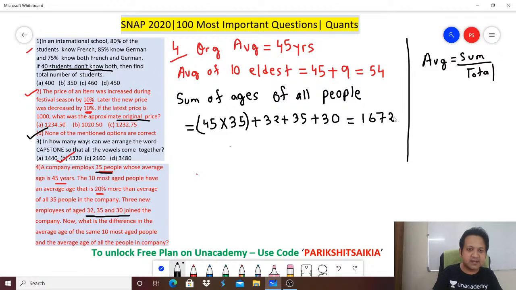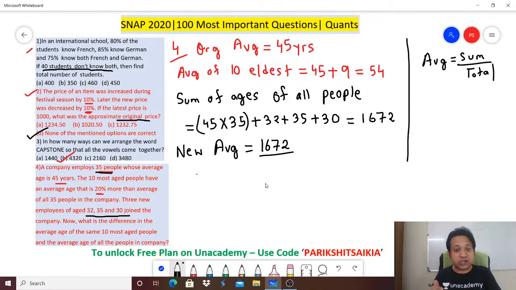Yes? So what is the new average? Sum, which is 1672, divided by the number of human beings. Originally there were 35 human beings and now 3 new employees have joined, right? So 35 plus 3 is 38. So divided by 38 comes out to be 44.